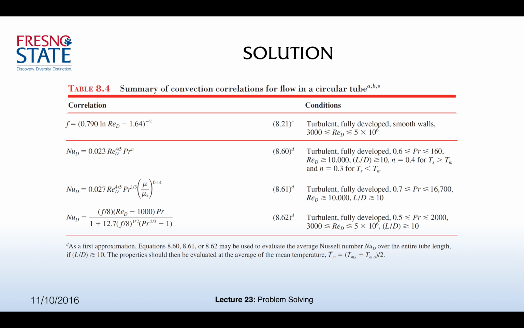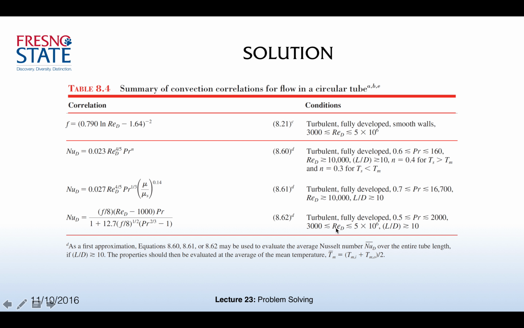So since we found this to be a turbulent flow, we go to our correlation table for turbulent flows for the flow inside a circular tube. We have seen this table before, 2 weeks ago, in the internal flow lecture. So our correlations here are turbulent, fully developed.